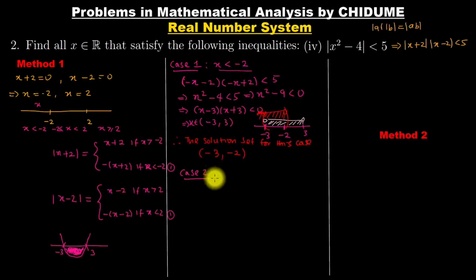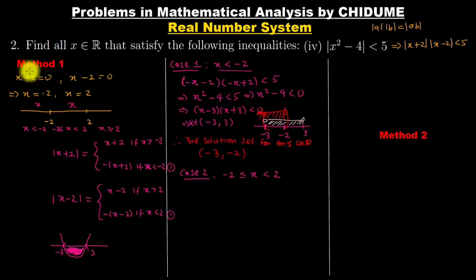I want to consider when x is greater than or equal to -2 but strictly less than 2. So we are looking at this: -2 is less than or equal to x, less than 2. So I'm looking at this region here.